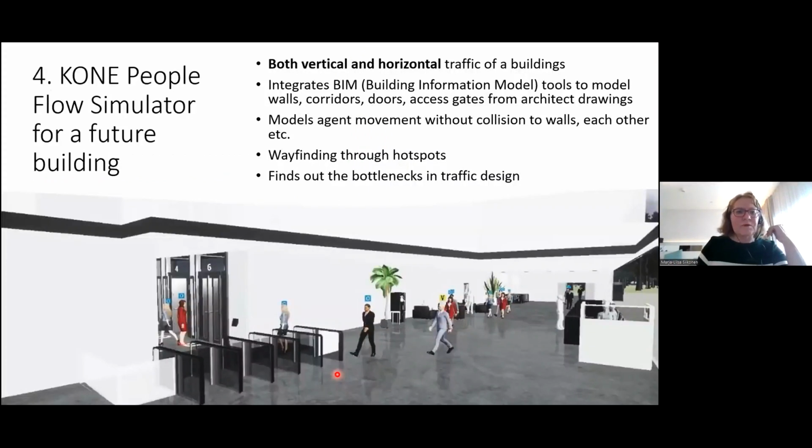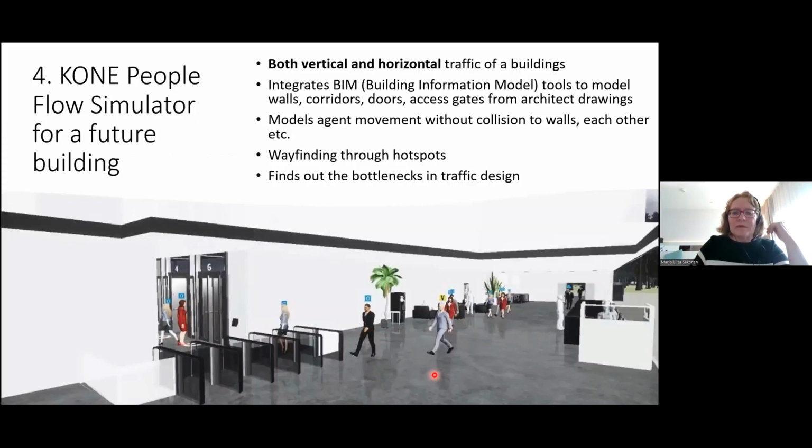This is the Kone People Flow Simulator. What is different from the previous simulator is that it includes also horizontal traffic. It can simulate vertical traffic, but also horizontal traffic in the plane.